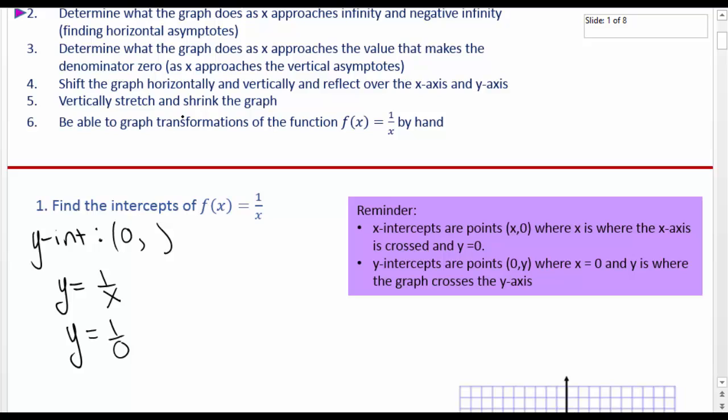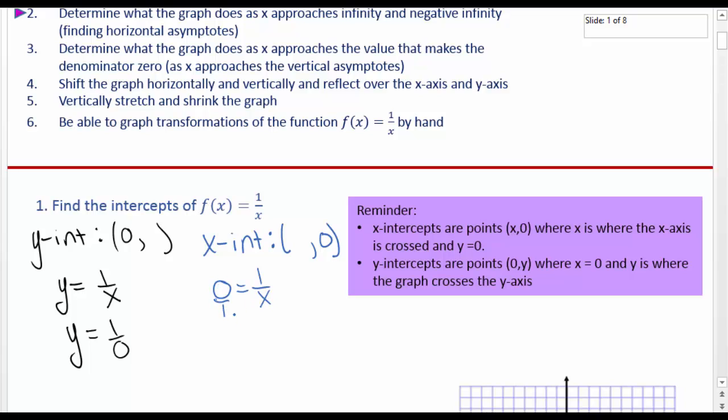Well, let's try and find our x-intercept. Our x-intercept will also be an ordered pair with our x value and then a 0 for the y. So again, thinking back to this y equals 1 over x, we can plug in 0 for y. So 0 equals 1 over x. To solve for x here, we can cross multiply or multiply both sides by x. Whenever we're cross multiplying, we're going to remember that there's a 1 underneath that 0.